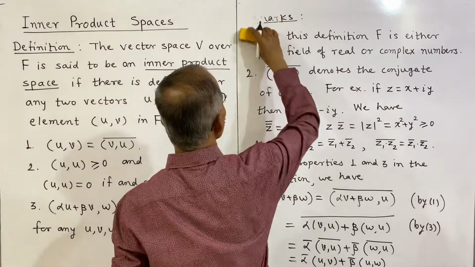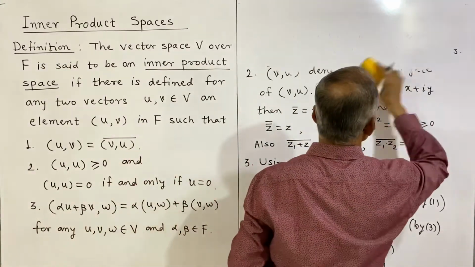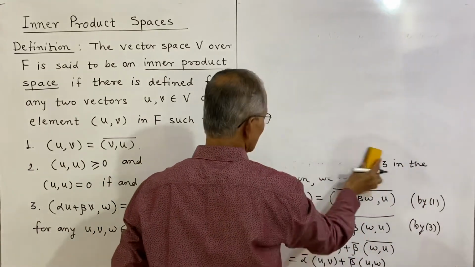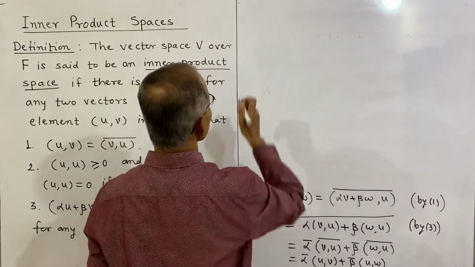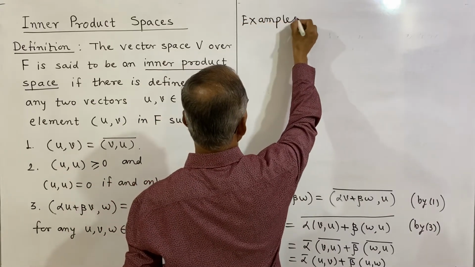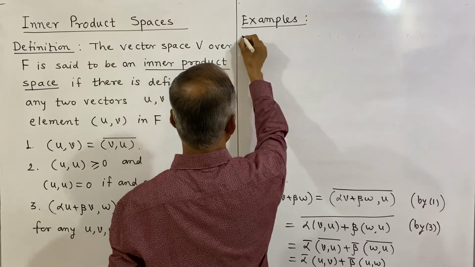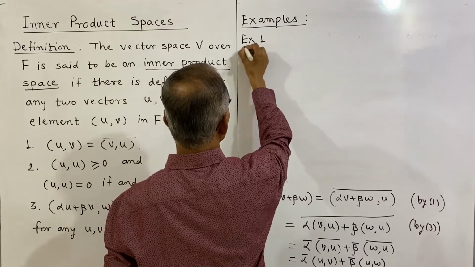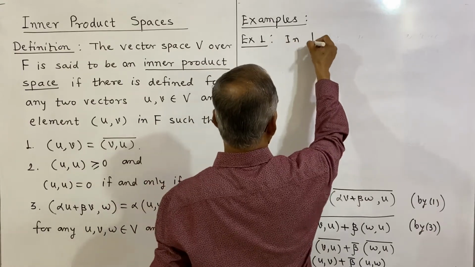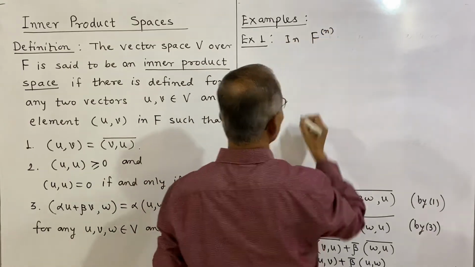Now we shall consider some examples of inner product space. First example we shall consider in Fn, the vector space Fn.